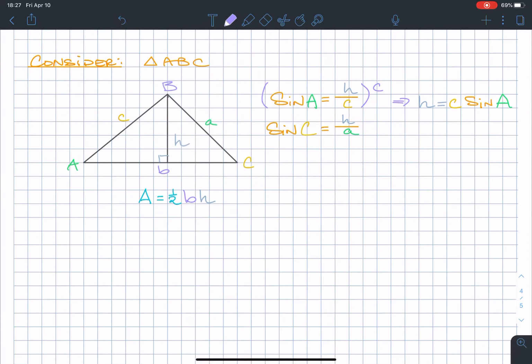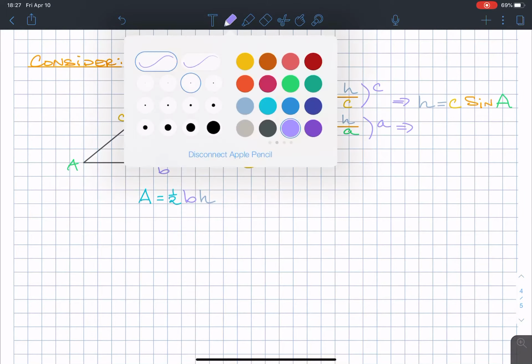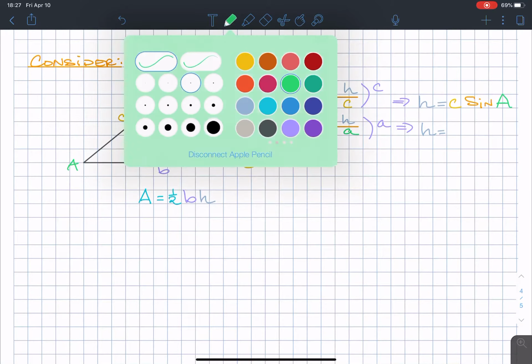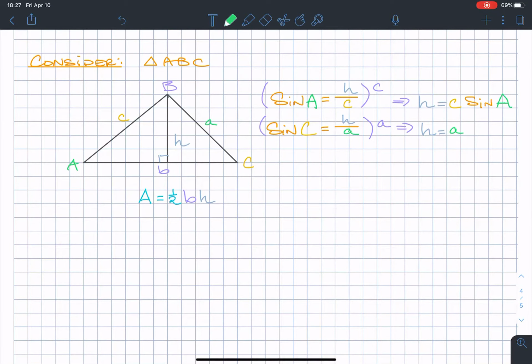So now let's once again multiply through by a to get rid of the denominator. So this gives us that the height h will be equal to little a times sine of angle C.